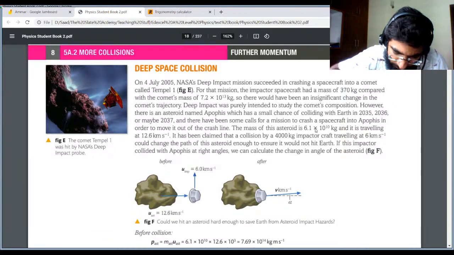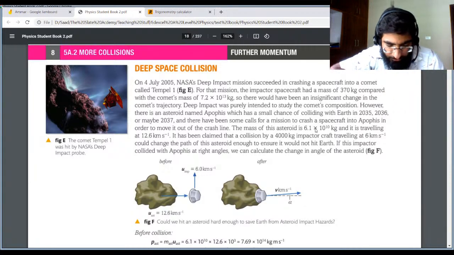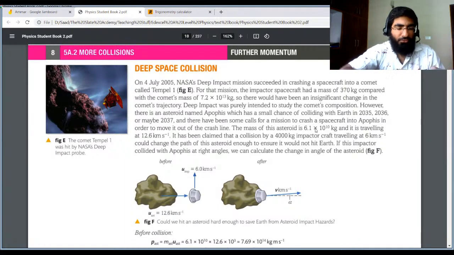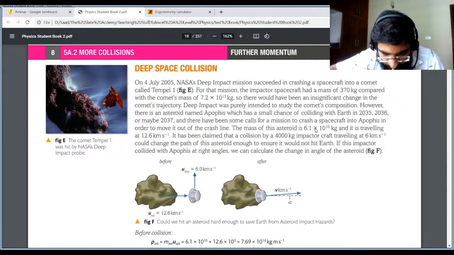Yes, divided by 3.6 is right. Okay, so this is the velocity of the asteroid. What is it? 12.6 divided by 3.6 is 3.5 meters per second.